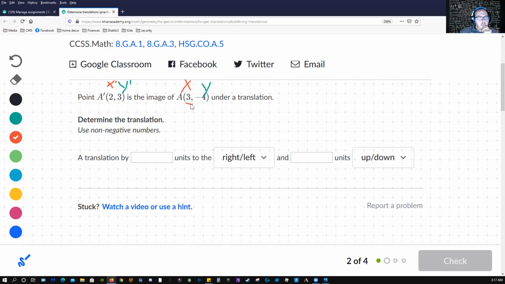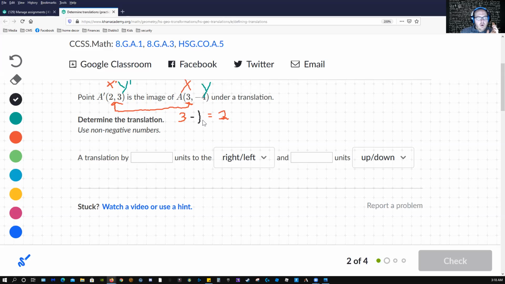So if we go from 3 to 2, what happened? That's what they're asking. If we started at 3, because that's A, and we moved to A prime, what had to happen if we went from 3 to 2? Well, we subtracted 1.